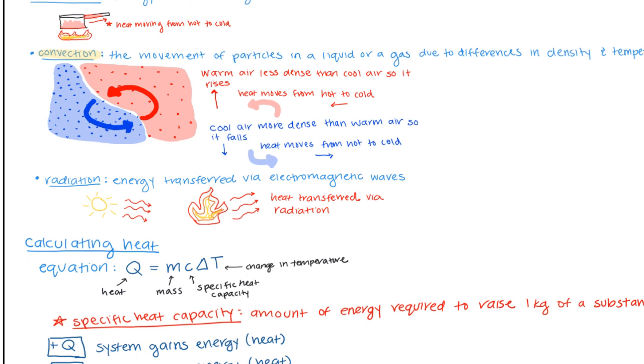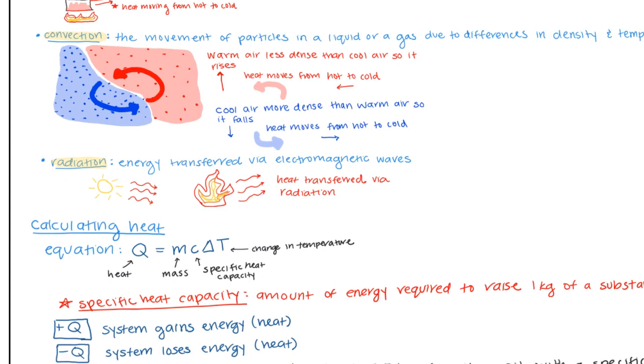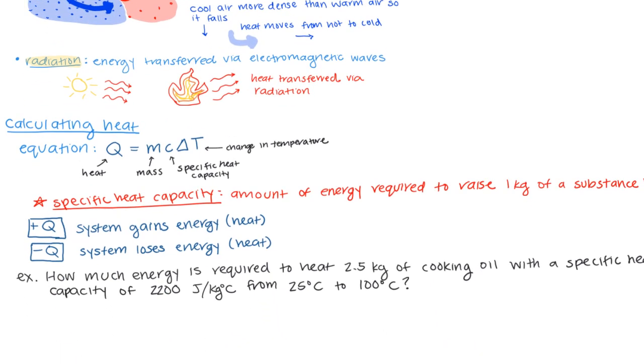Next term we will go over, this is our final way of transferring heat, is radiation. All right, so radiation is simply energy transferred via electromagnetic waves. An example of that would be a light wave. So we have the sun, right? The sun has a lot of electromagnetic waves.